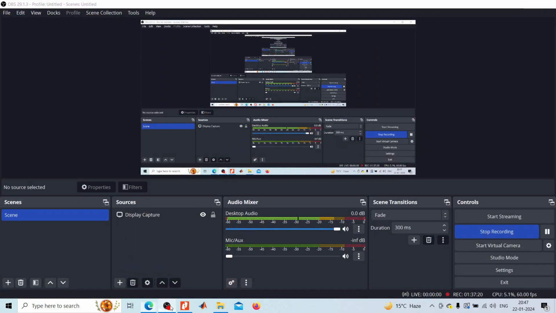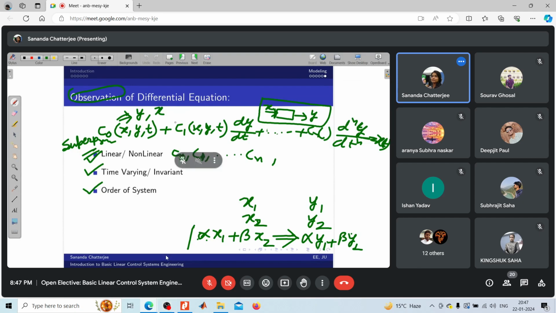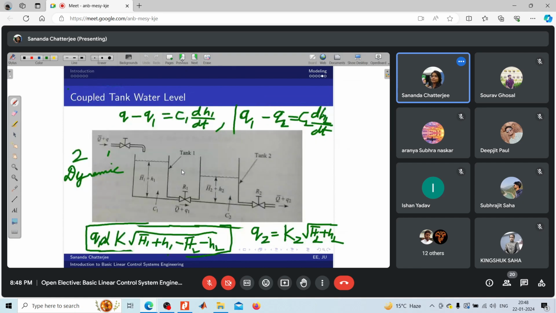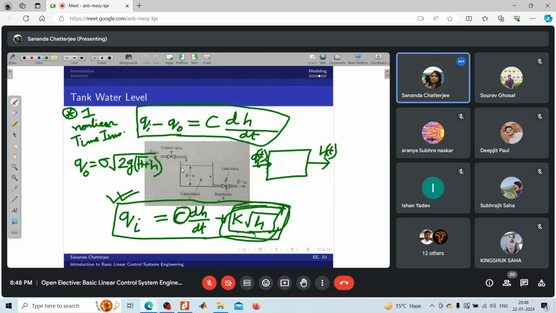For this example, say, you take any of the examples.